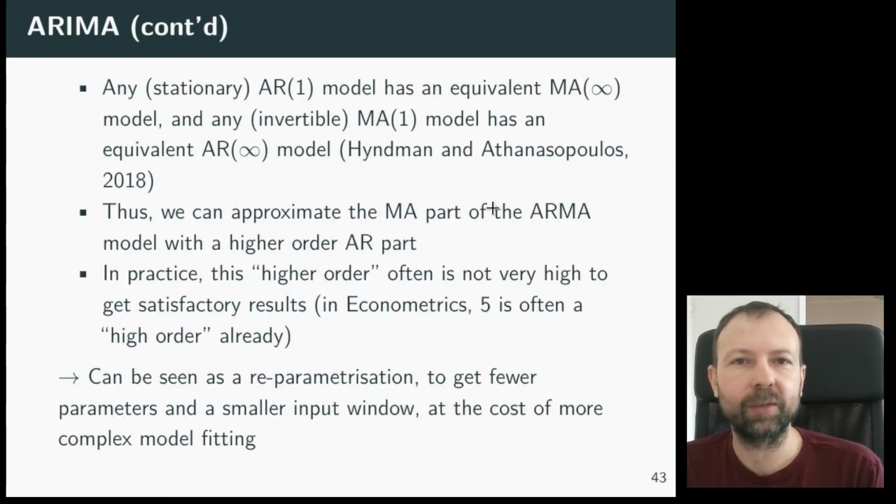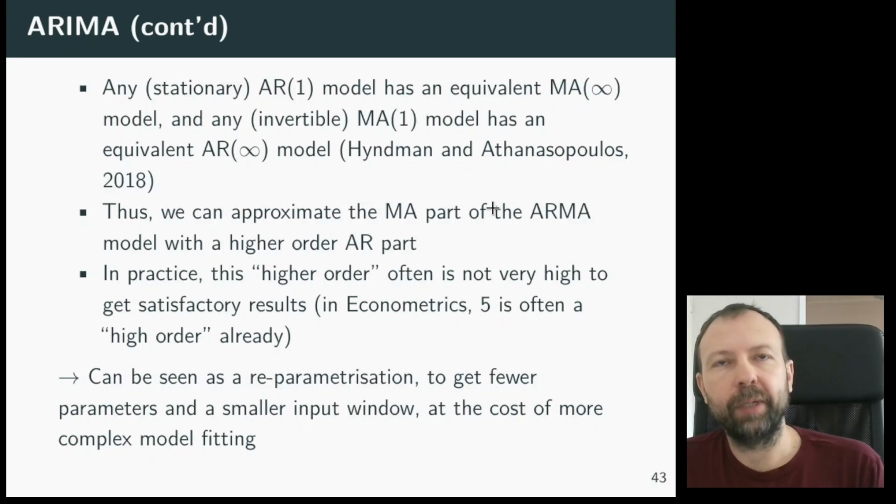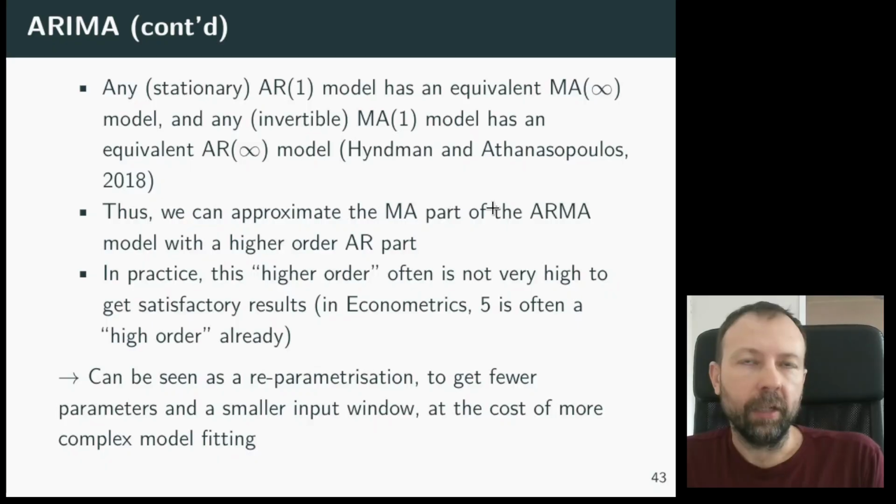And if your series is super long, there's no problem in using a long input window, which means many lags. I have been training models on daily time series where you want to capture the yearly seasonality, and you just use an AR 400, for example.